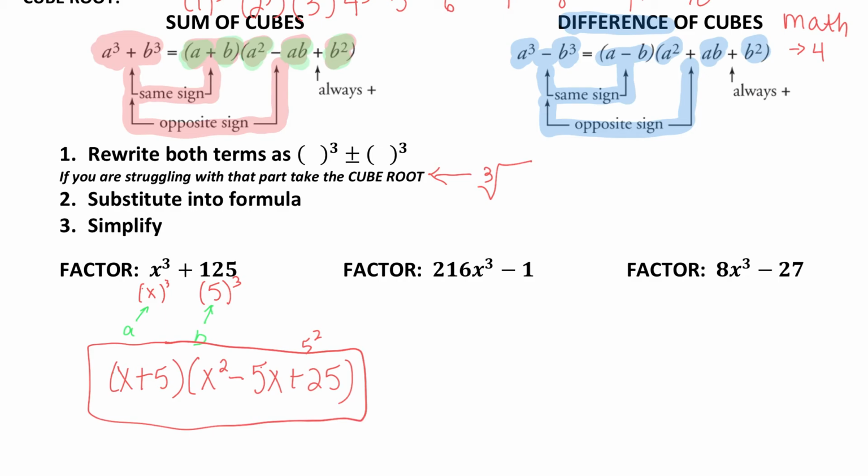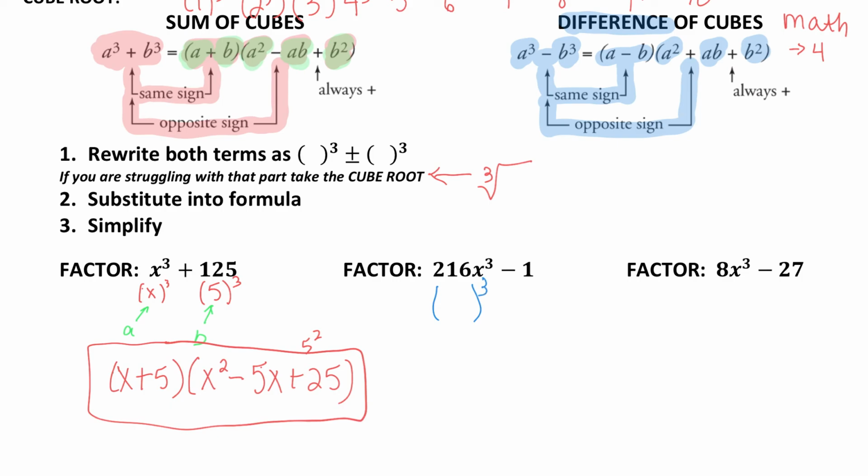All right, let's look at this next one. 216 x to the third minus 1. So when you see that x to the third and there's only 2 terms there, that's probably a clue that it might be a sum or difference of cubes. This is a difference of cubes because we have a minus. So 216 x to the third, how can I get that? By cubing something.